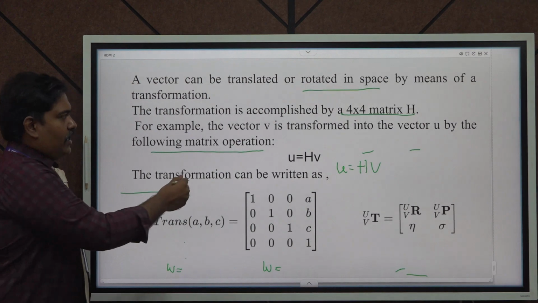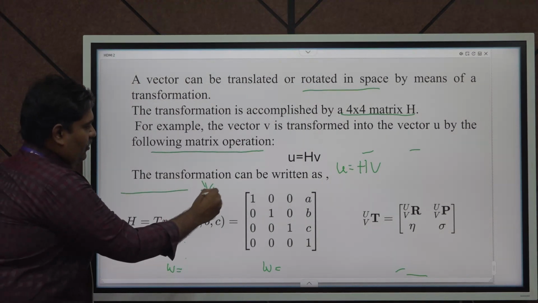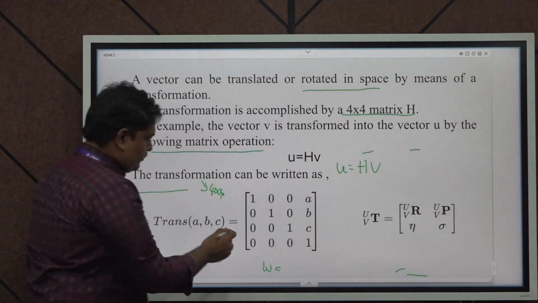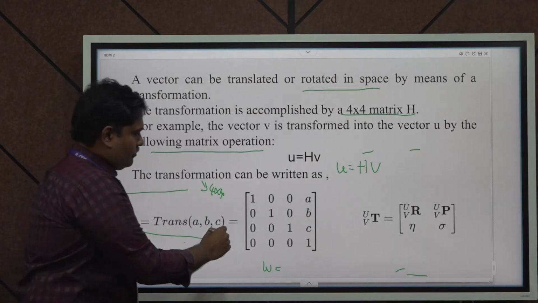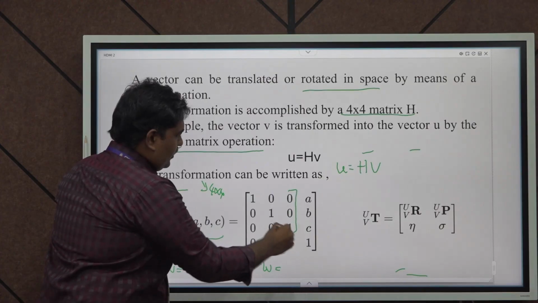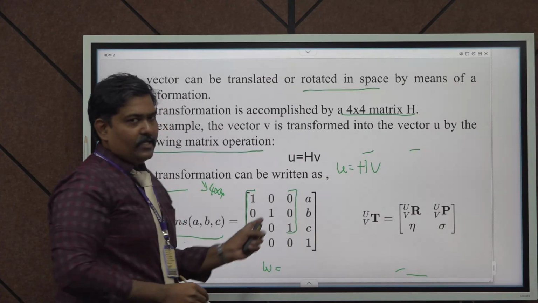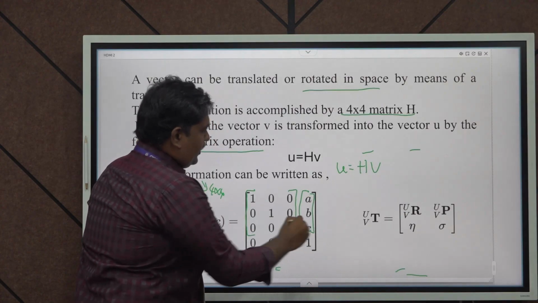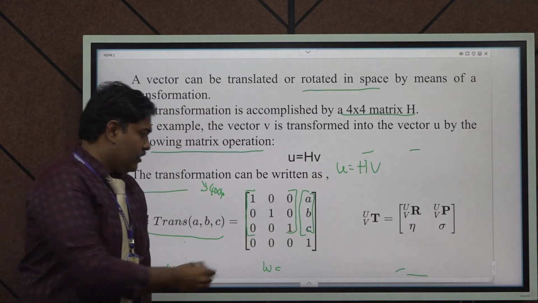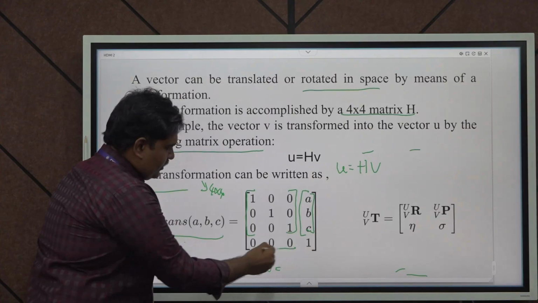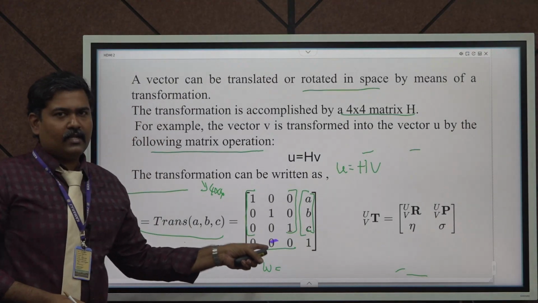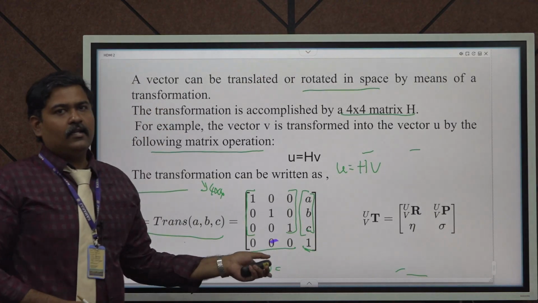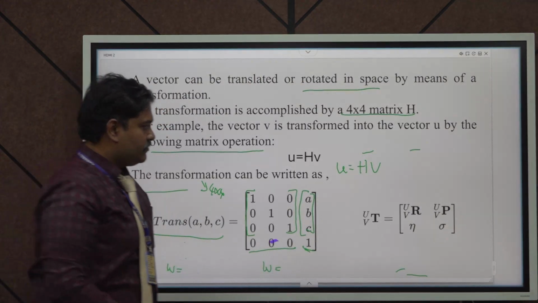The transformation matrix can be written as a 4x4 matrix. The first 3x3 is the rotation matrix, followed by the 3x1 position vector, and the last 1x3 is the projection vector, and here the 1 is considered as the scaling value.